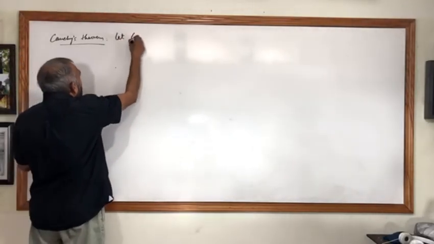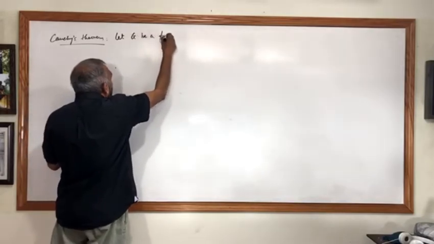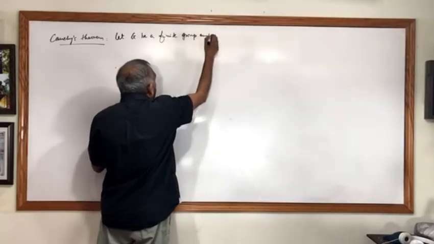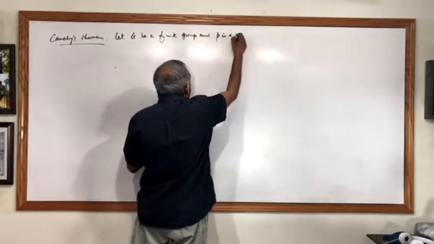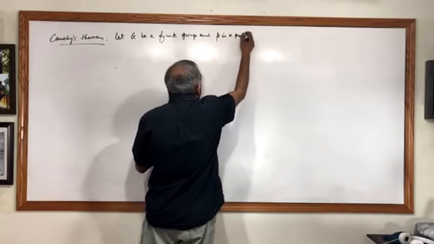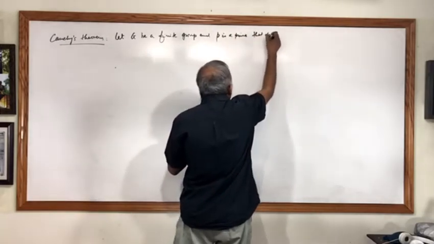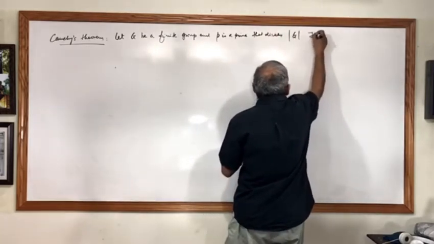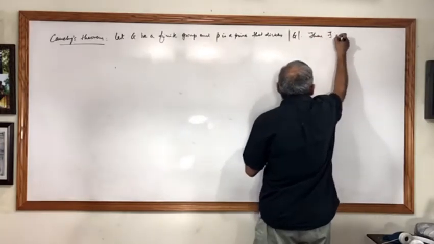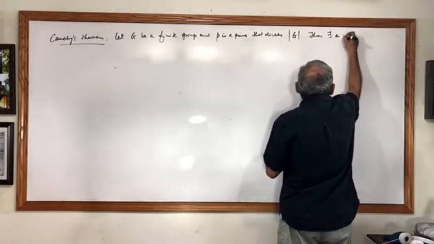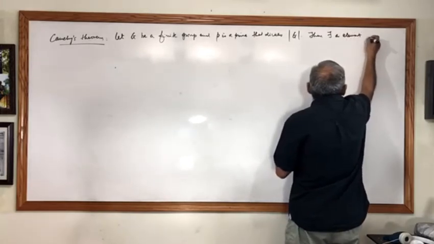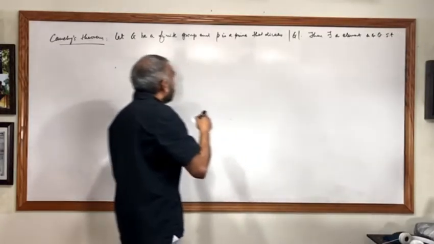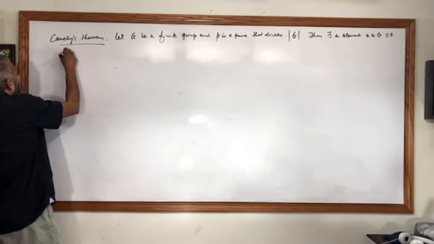Let G be a finite group and p a prime that divides the order of G, then there exists an element a in G such that a to the power of p is equal to e.